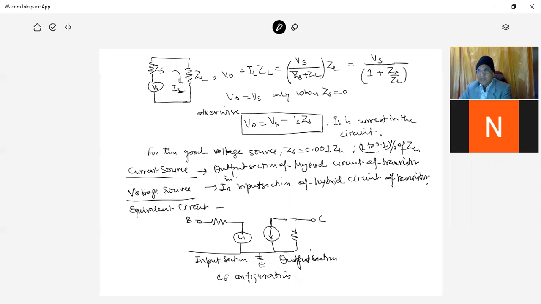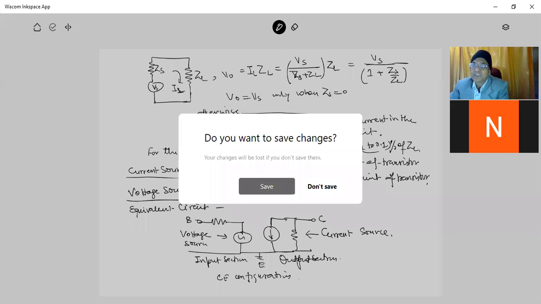So this part is voltage source, and this part is current source. It means in voltage source the impedance is very small, and in current source the impedance is very high. So these are the basic concept of the current source and voltage source.